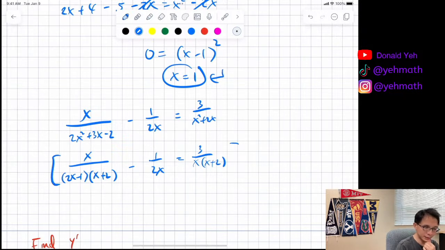What is the least common denominator here? Yes. 2x. And then how do you use the factor? One, which is 2x minus 1, x plus 2.